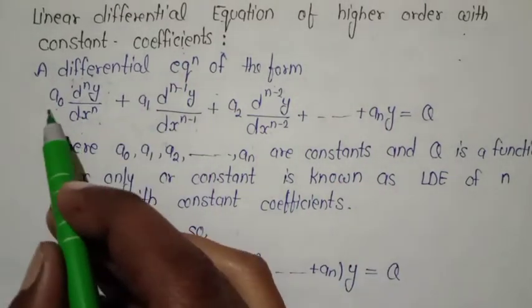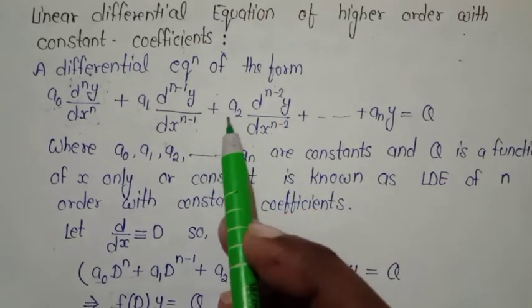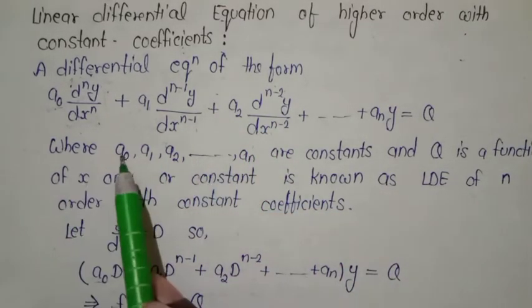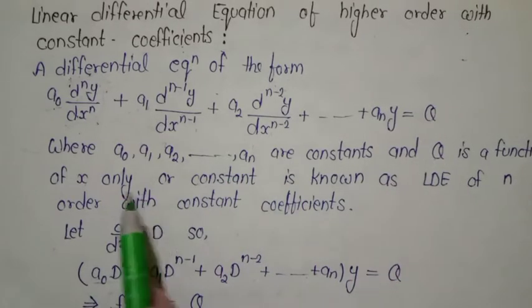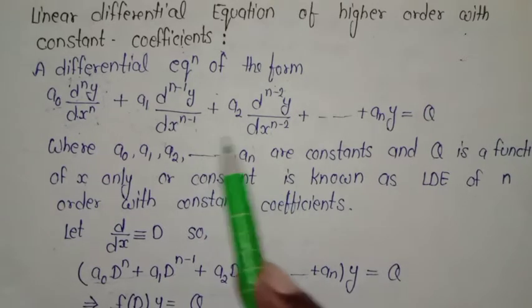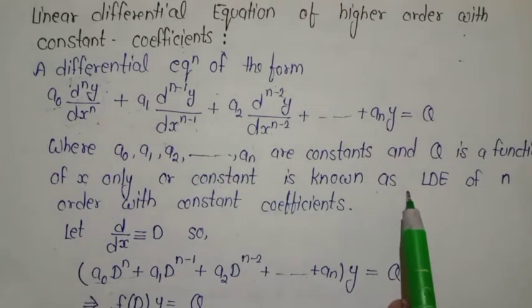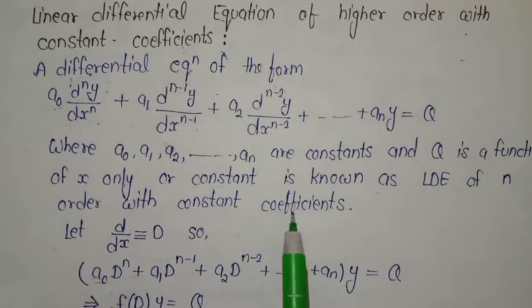Because you can see the coefficients of the derivatives are constants here. That is, a0, a1, a2 and so on an are constants, and q is a function of x only, or it may be a constant as well. So this type of differential equation is known as linear differential equation of nth order with constant coefficients.